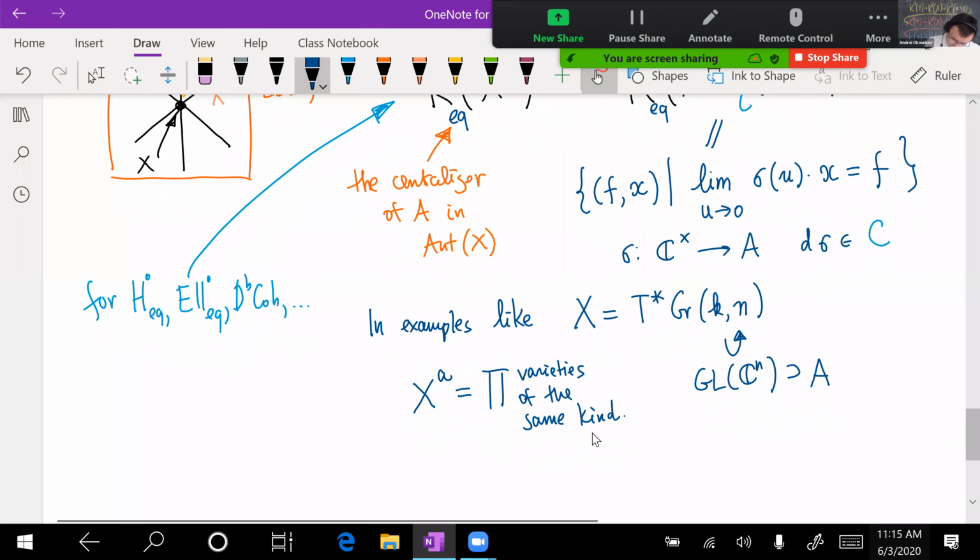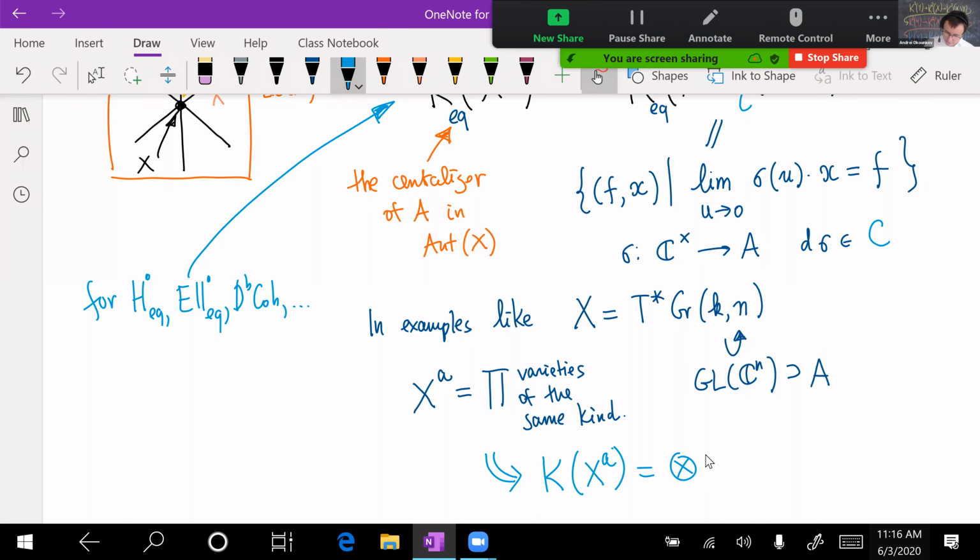So then since this is a product, it means the K series will factor. So this will imply that the K theory of the fixed locus is really a tensor product of K series of some other x's.